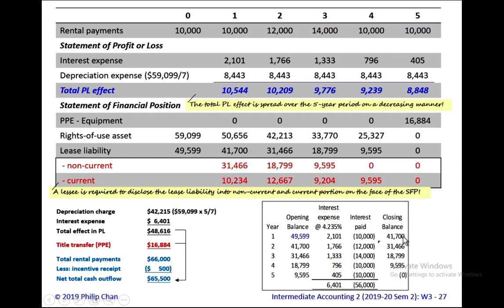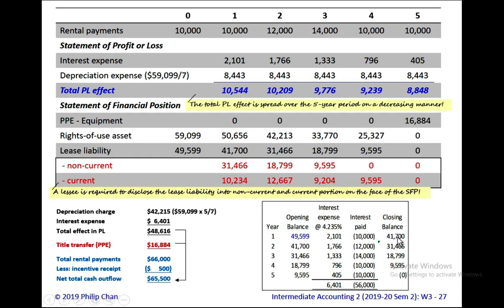If you want to work out how much of this will be current and how much non-current, you have to understand the meaning. Current means it will be settled within the next 12 months, and non-current means it will be settled in more than a year.